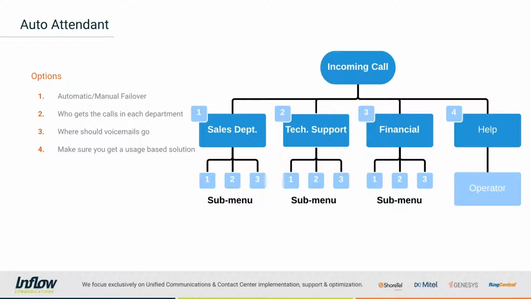So when we're looking at auto attendant, we'll use something like a Twilio solution, or we can use a MiCloud Connect or a RingCentral if we want to allow users to log into a soft phone or mobile app to take the calls when they receive them. We could do something like that as well. But I would say auto attendant is probably the second most common use in the cloud, behind incoming calling.